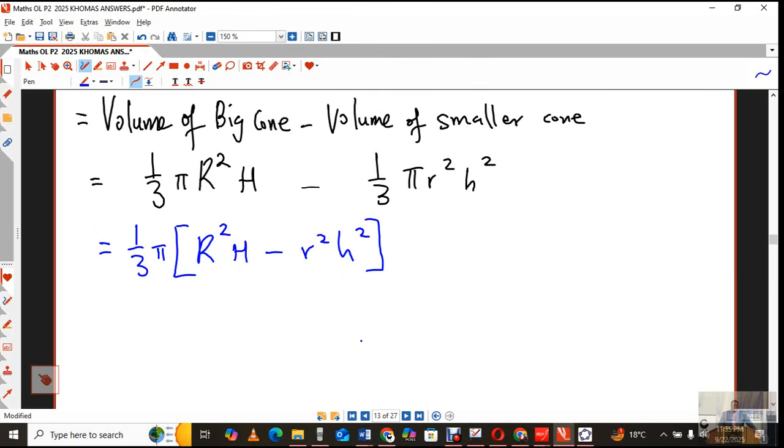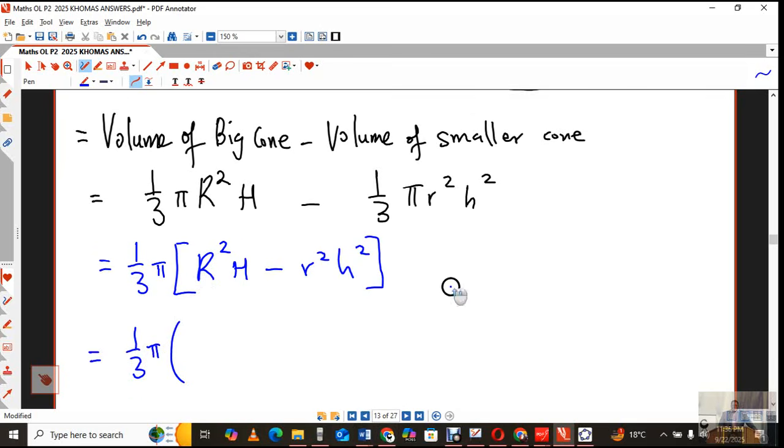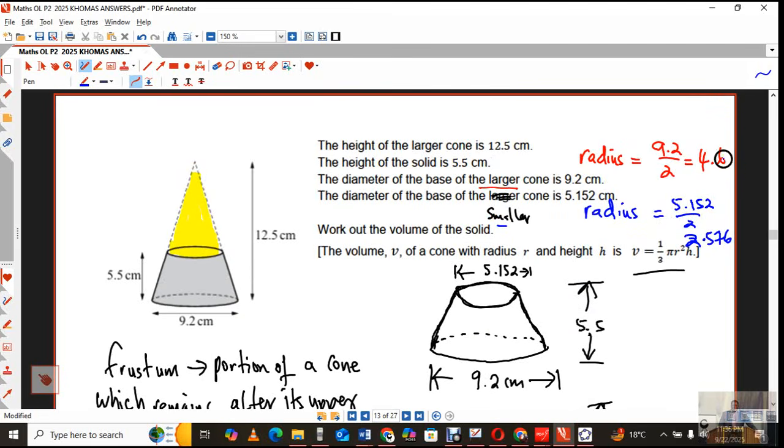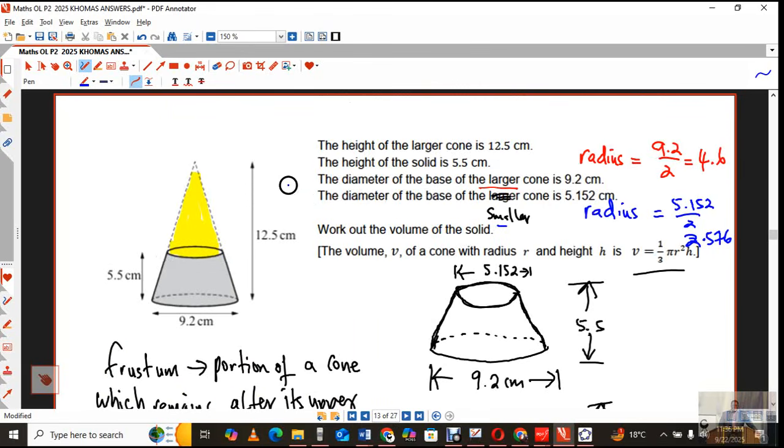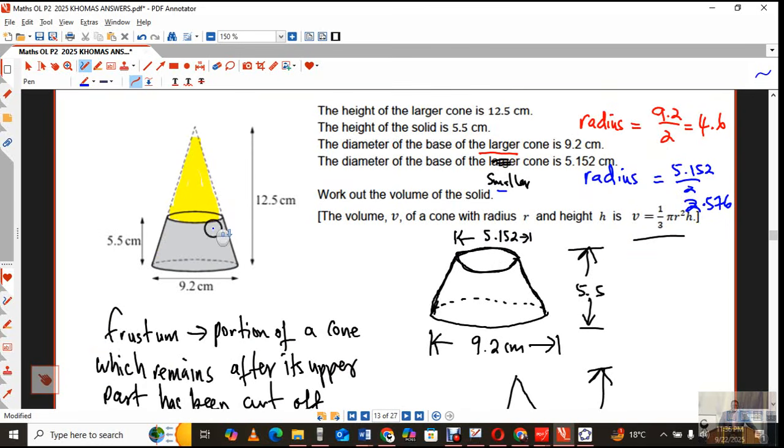So what do I have? I have 1 over 3 pi. The radius of the bigger one was 4.6. I hope you still remember, I wrote it over there. So I'm going to have 4.6 squared, and the height is 12.5. Just make sure the height of the big one is 12.5. Now the height of the small one.